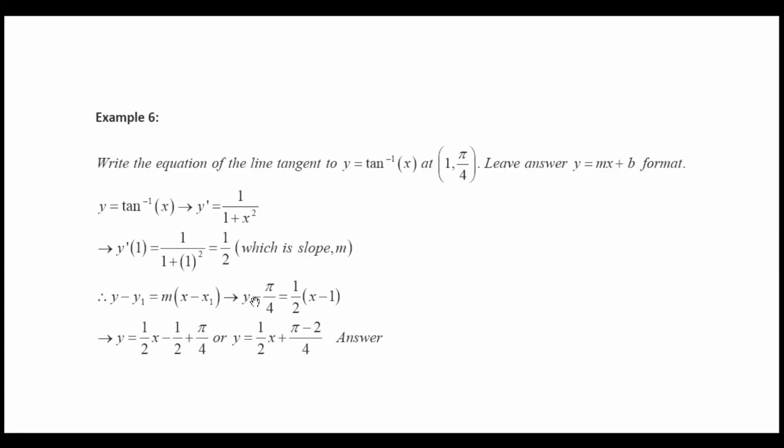You might want to just solve for y and at least bring this over to the right side. We've gone the extra mile and have gotten it in the form y equals mx plus b by simply getting a common denominator. So this is all ready to put into your calculator to graph if you want to check to see if indeed your answer is correct.